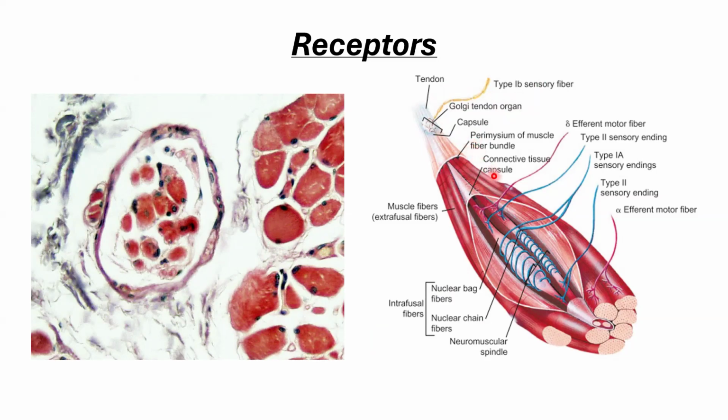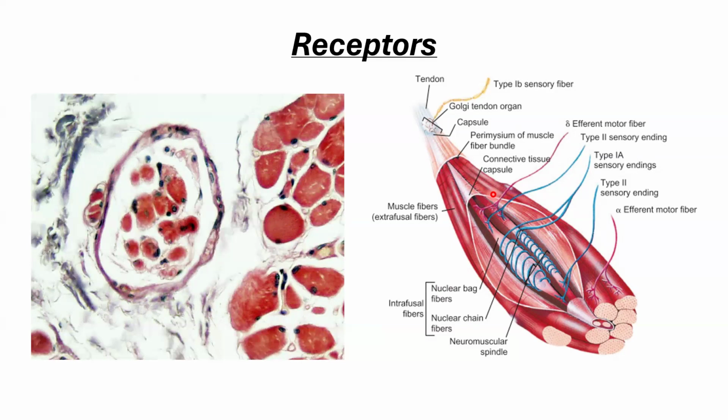Remember, the neuromuscular spindle will be found inside the muscle. Muscle fibers found outside the capsule of the neuromuscular spindle are known as extrafusal fibers. Fibers found inside the neuromuscular spindle are known as intrafusal fibers.